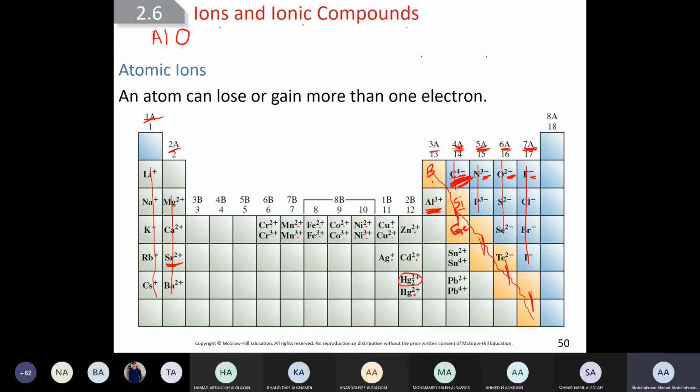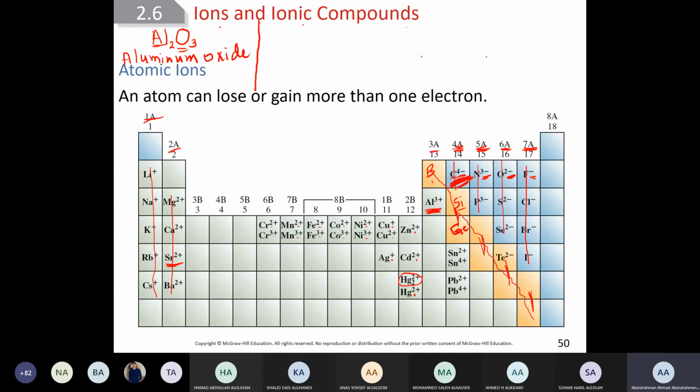What's the ratio of Al to O? 2 to 3. So what should I write under aluminum? 2 and 3, exactly. And what's the name of this compound? Aluminum oxide. Is this clear? I just simply write the name of this element, aluminum, and this one, oxide, with nothing else.